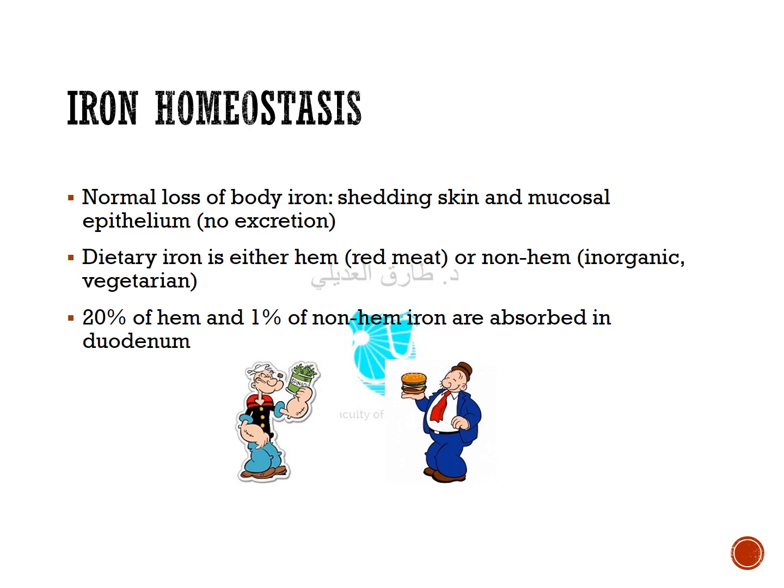While the non-heme iron, which we also call inorganic, is the vegetarian iron. It is difficult to absorb in humans. Only 1% of this can be absorbed in the GI system, and it is plentiful in spinach, lentils, and beans. They all have iron, but the absorption is not effective in humans.